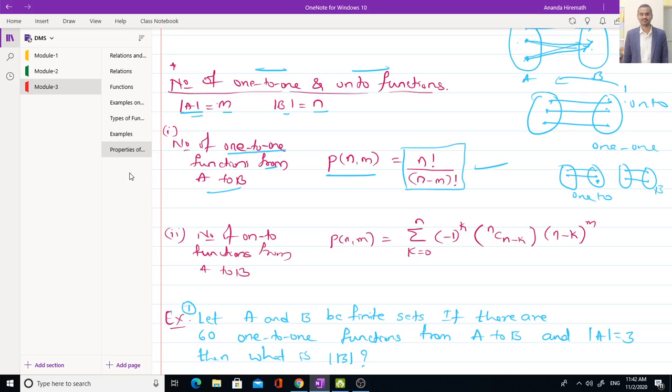By using this formula, we can find the number of one-to-one functions from A to B.